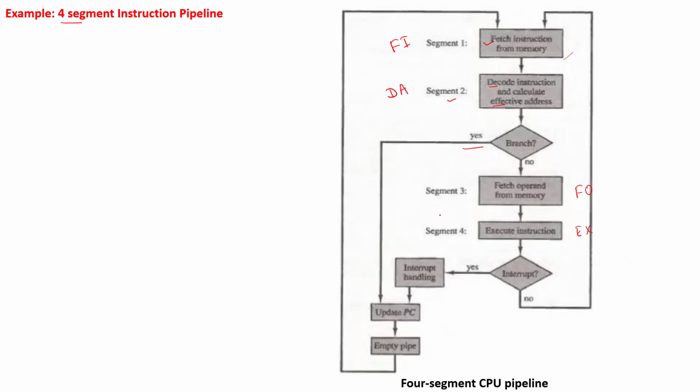Now, if a branch is going to occur, we have to update the program counter, like that subroutine task, and after completing the branch instruction we have to empty the pipeline, and again it starts from the beginning. If an interrupt is going to occur, first we need to handle the interrupt, and there also we have to update the program counter.